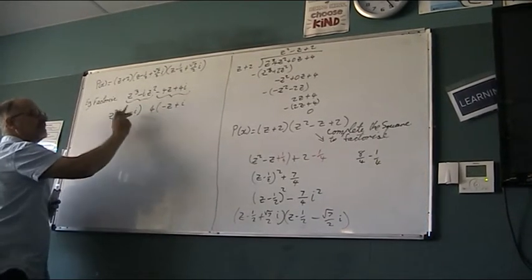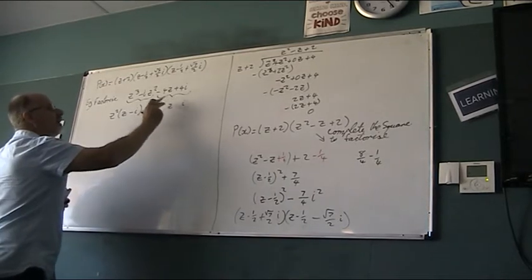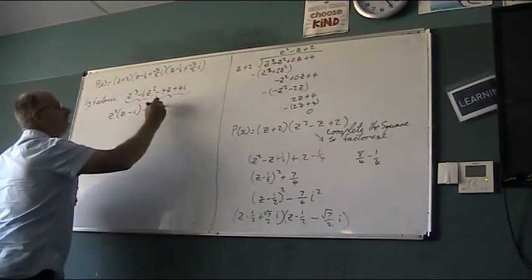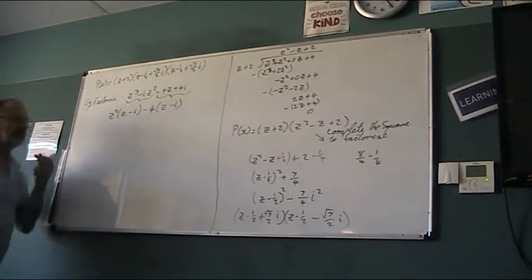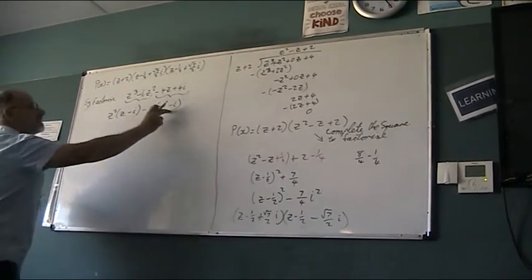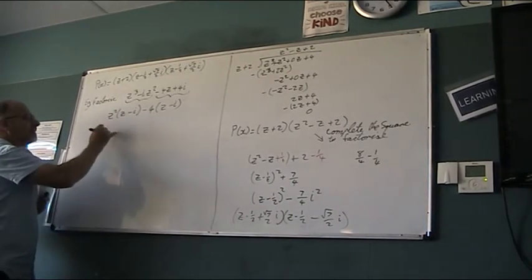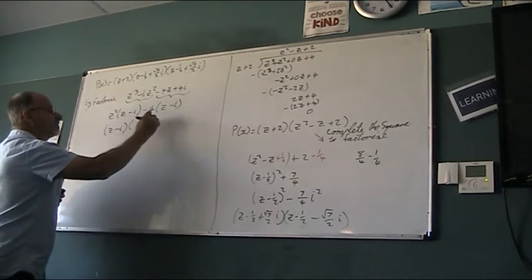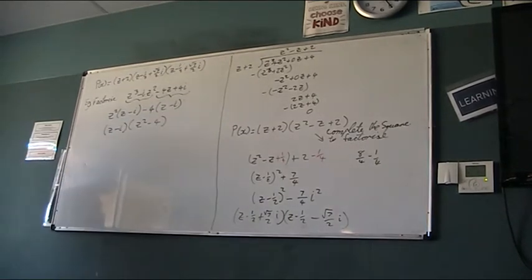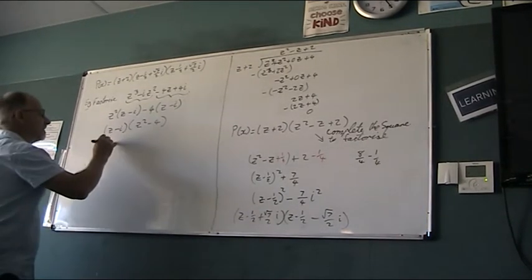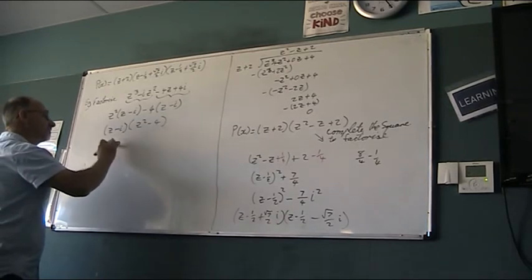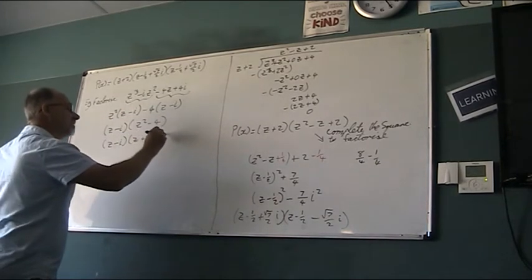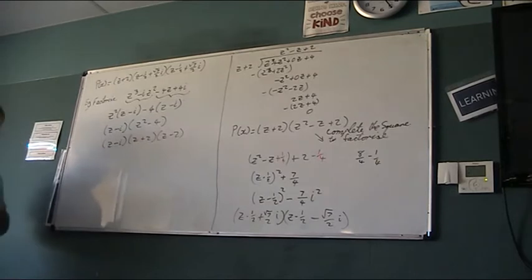So if I take negative out as well as 4, then I'll have z minus i, and I've got these 2 brackets that are the same, which is a common factor which we can take out. Then the other bracket is z squared minus 4, and what do you notice about that bracket? Difference of perfect squares, yep. So we've got z minus i, z plus 2, z minus 2.